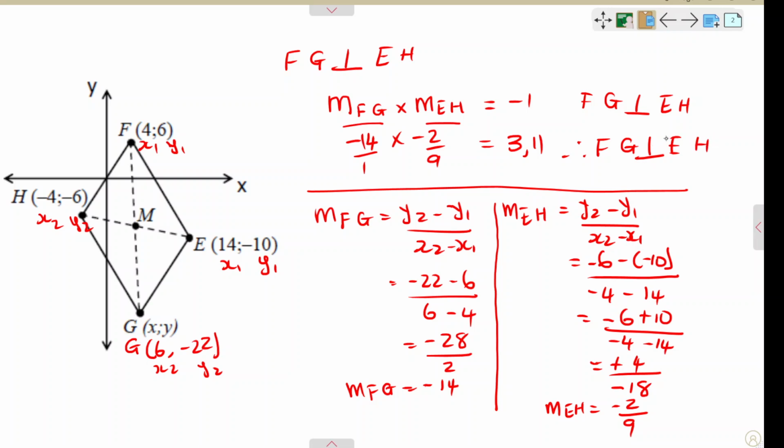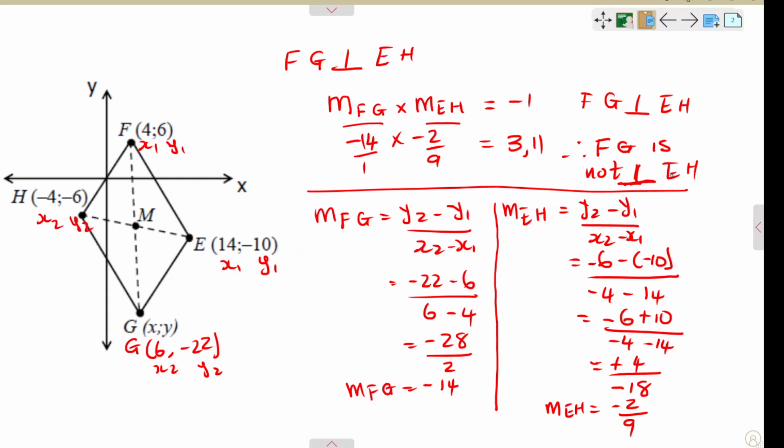No, I'm joking. You don't have to write the word, you can just put it is not perpendicular to EH. So we have proven that the line FG is not perpendicular to EH.